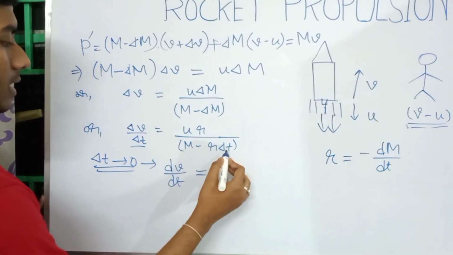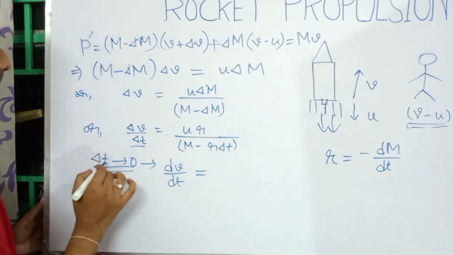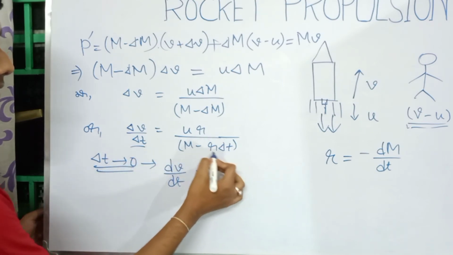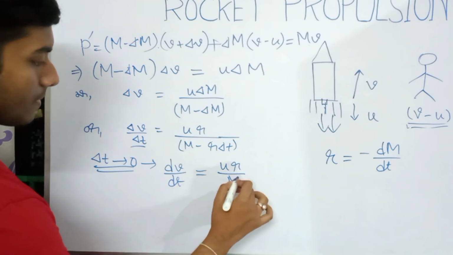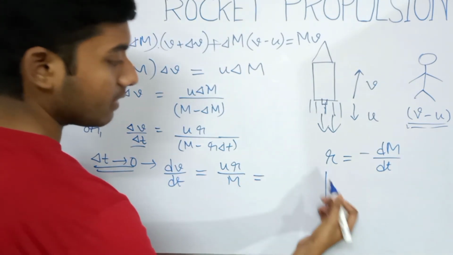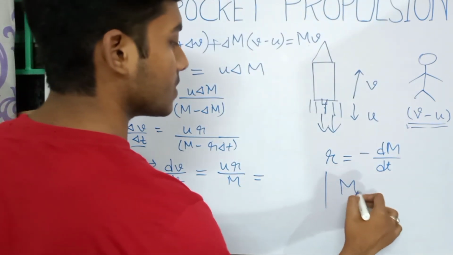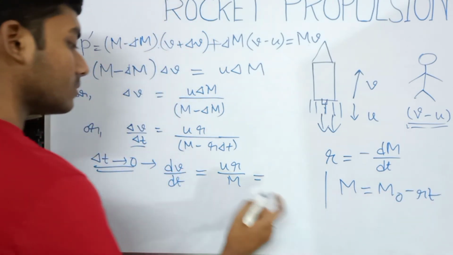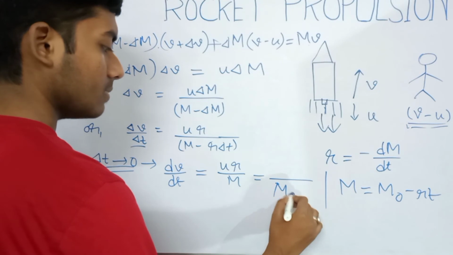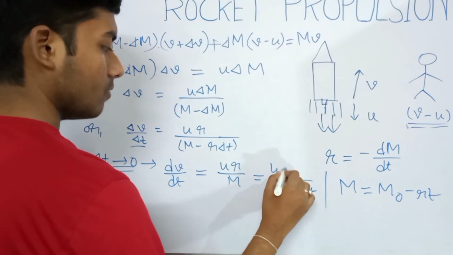And here, when del t tends to 0, the term r del t will be 0. So this will equal u r by m. And what is m? We have discussed previously that m is equal to m0 minus r t. So this is u r by m0 minus r t.